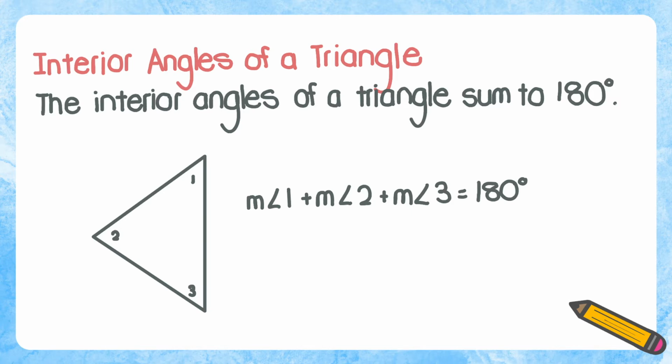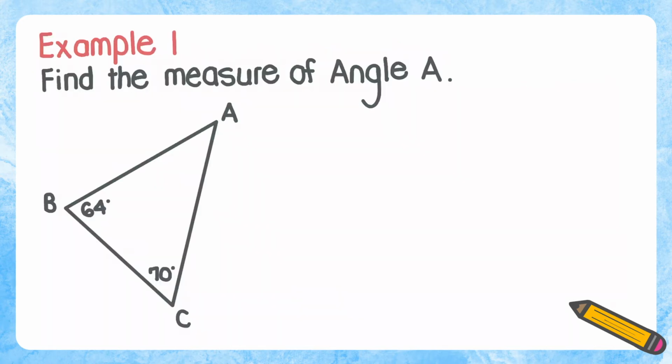That means the measure of angle 1 plus the measure of angle 2 plus the measure of angle 3 equals 180 degrees. So this is an important property to remember: the interior angles of a triangle sum to 180 degrees. Let's use that property to solve some examples.